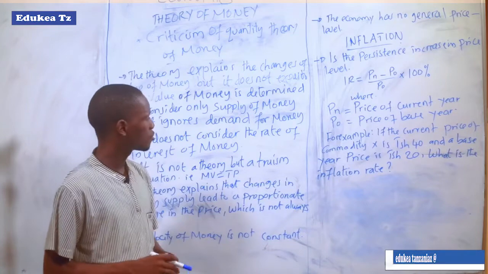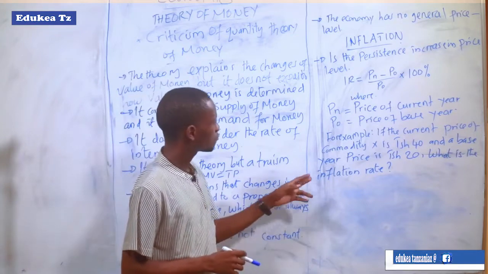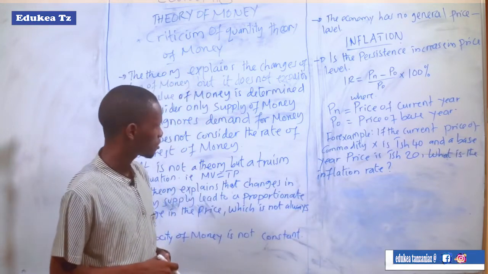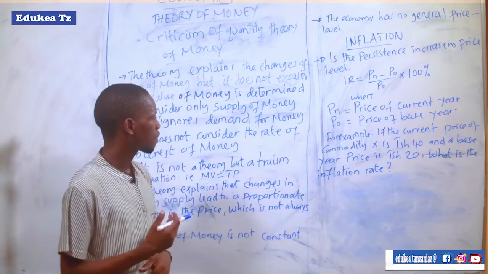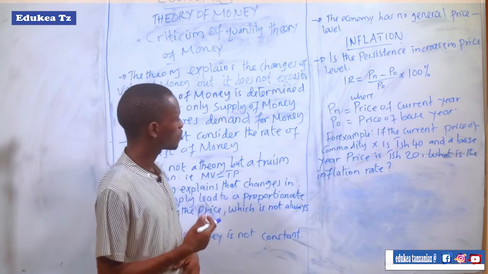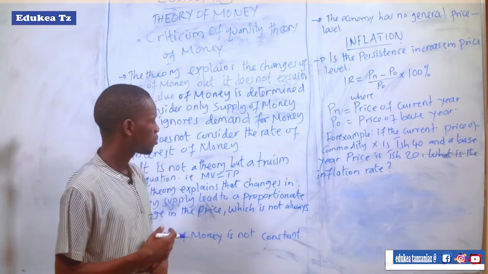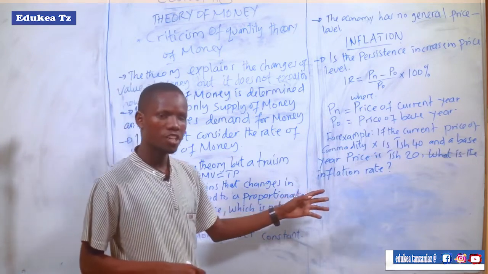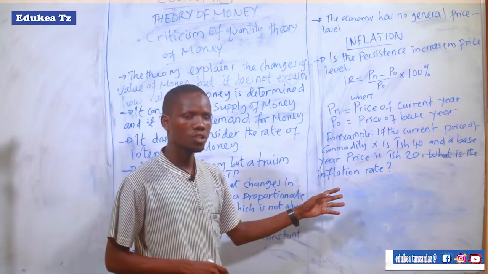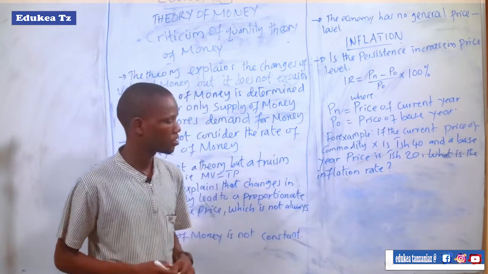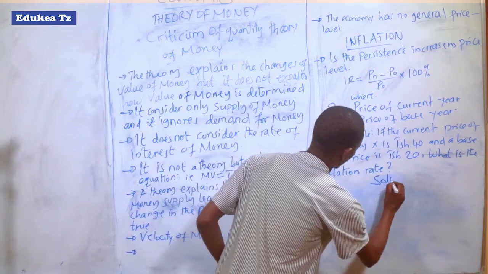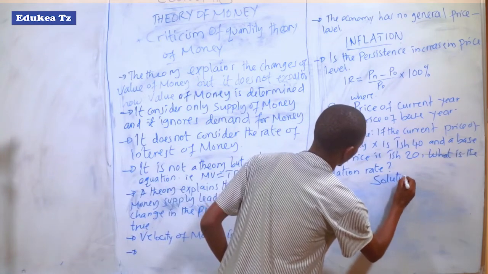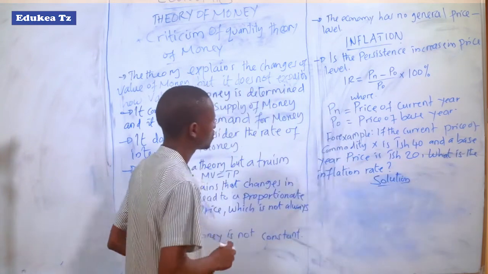So here we have an example: if the current price of commodity X is Tanzania shillings 40 and the base year price is Tanzania shillings 20, what is the inflation rate? Now we can try to calculate it. We have our solution here.